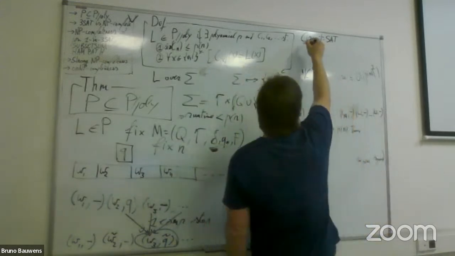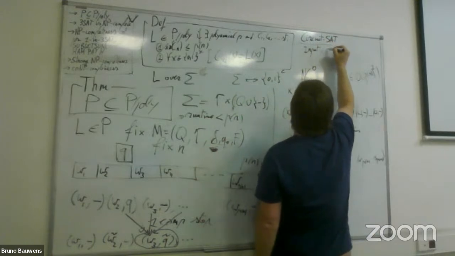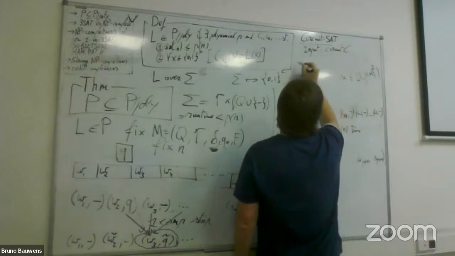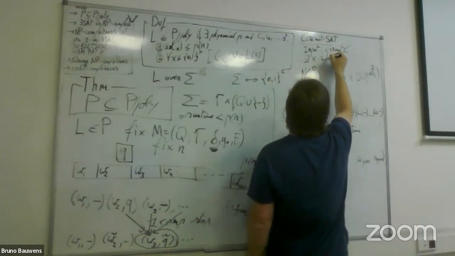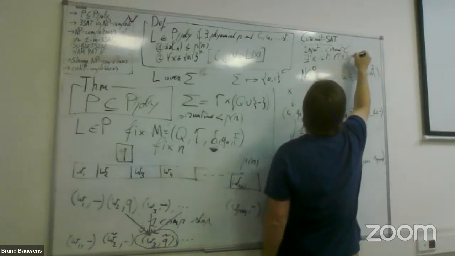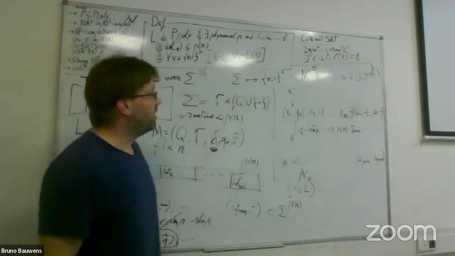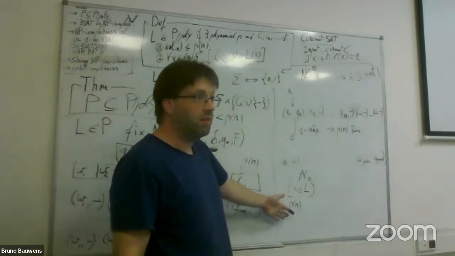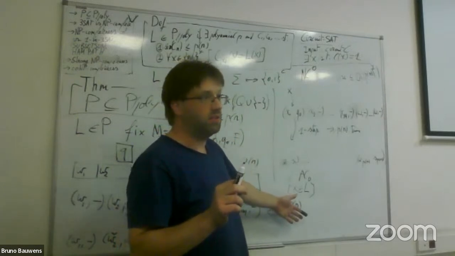The input is a circuit, and the question is: is it satisfiable? So does there exist X such that C of X equals 1? And now the claim is that the reduction is precisely this mapping with a small modification on the input. So let us go through the proof.